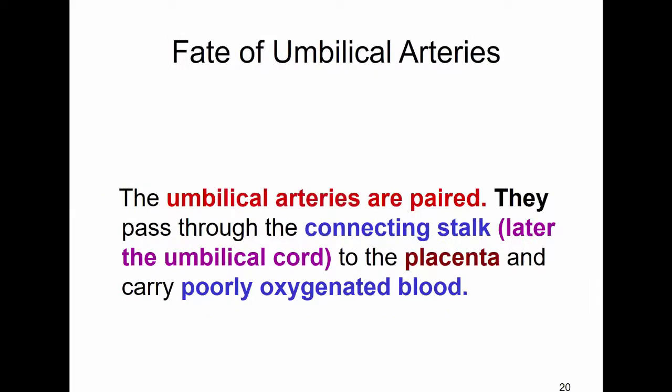Now about the umbilical arteries. Umbilical arteries are paired. They pass through the connecting stalk. Later, the connecting stalk will become the umbilical cord, you know, and go to the placenta, and they carry poorly oxygenated blood. So this is the exception. We will ask you that veins always carry deoxygenated blood, but in some regions of our body, veins carry oxygenated blood.